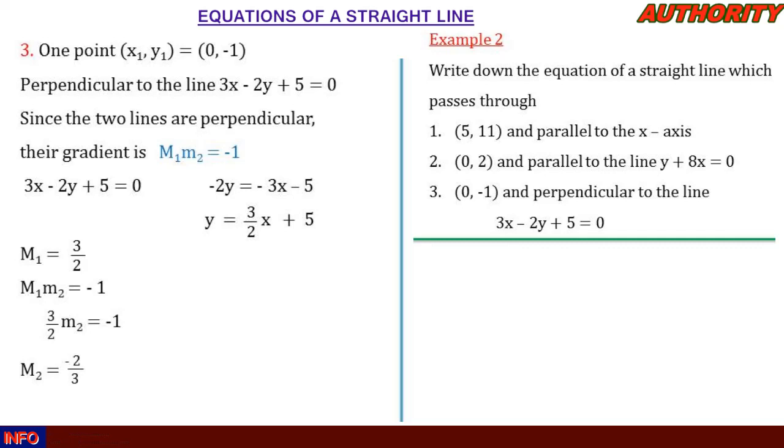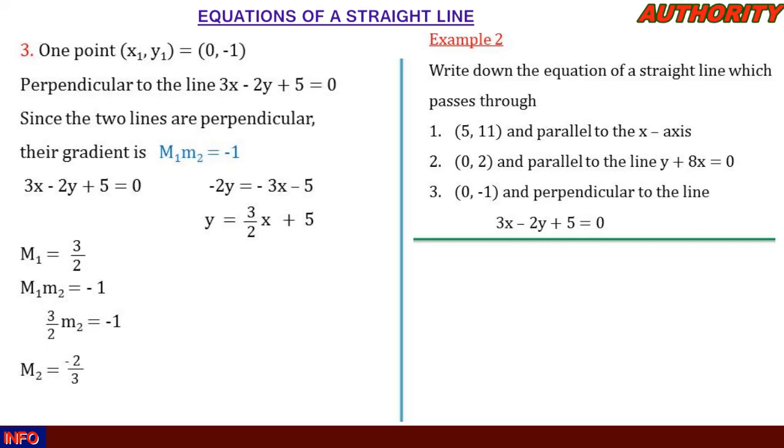So from this line, 3x minus 2y plus 5 equal to 0, the equation of the straight line we're going to find is perpendicular to this line. We have found our gradient to be m2, which is minus 2 all over 3. All right, now let's apply our formula properly to find the equation of the straight line.